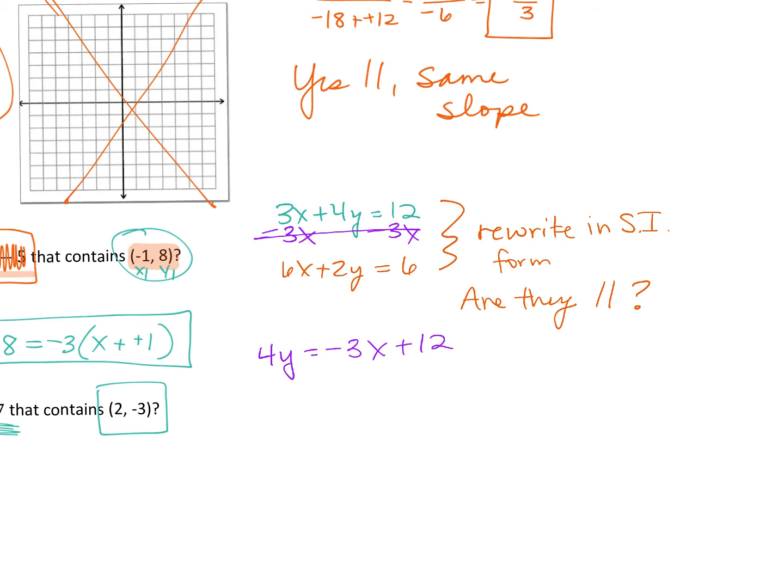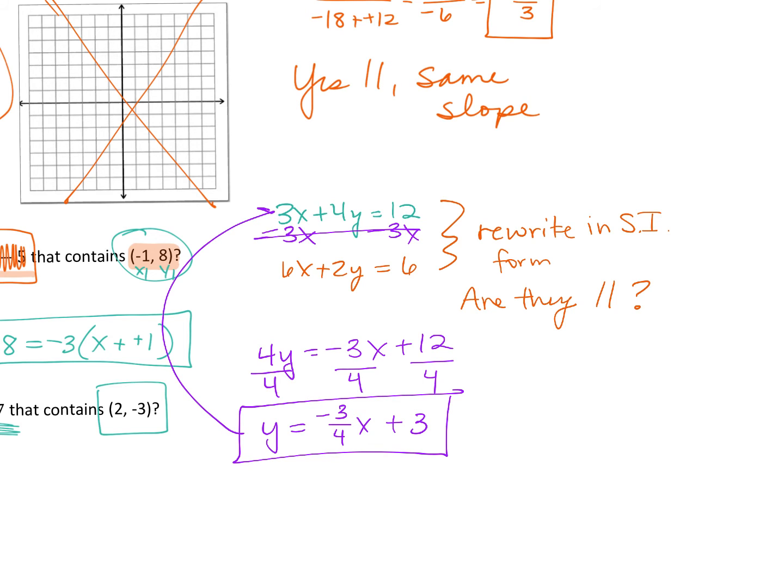What do I do next? How do you isolate y? Divide by 4. So divide, divide, divide. So I get y equals negative 3/4 x plus 3. Okay, so this equation is this equation just in a different form, right?